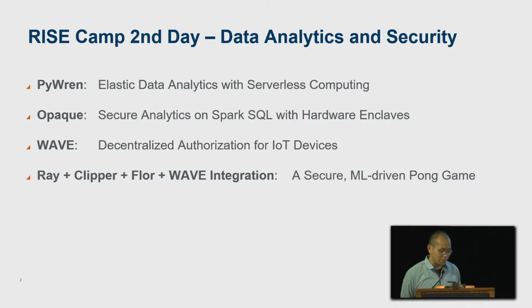This will be followed by the Opaque tutorial. Then we'll have a lunch break, and after lunch at 2 p.m. we'll start the Wave talk, which is a system for decentralized authorization for IoT devices. And this will be followed by the Wave tutorial.